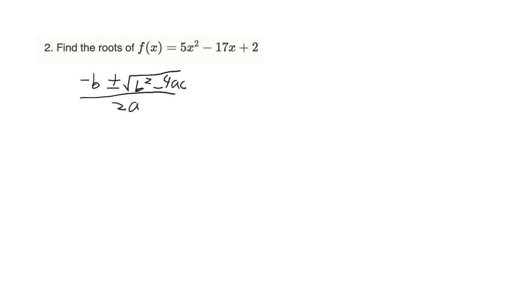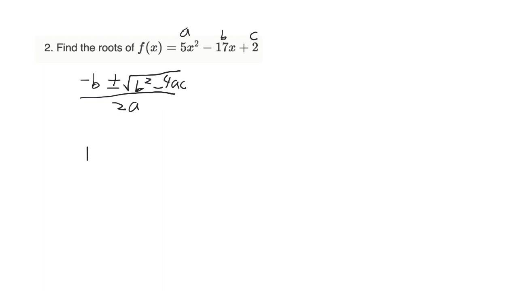For this, all we need to do is determine what's the a, the b, and the c. You can see them just from here. They're the coefficient positions on the x terms. So this is a, this is b, and this is c. Then all we have to do is substitute that into our equation, and we'll be able to reduce down to find the roots. So negative b is the negative of negative 17.